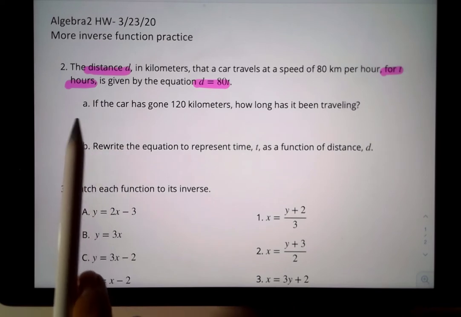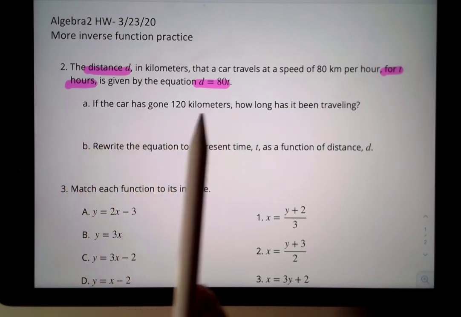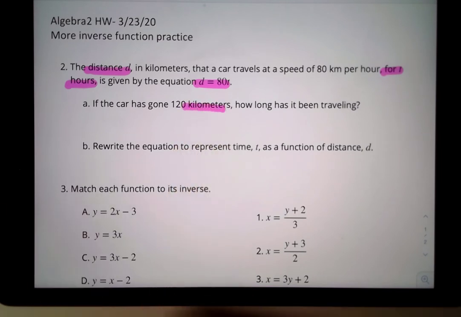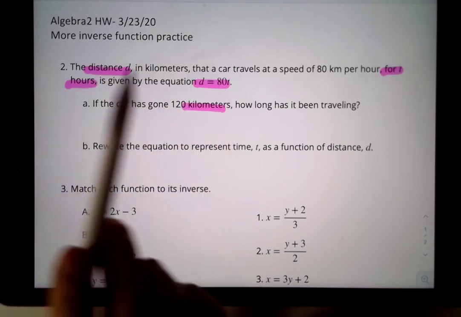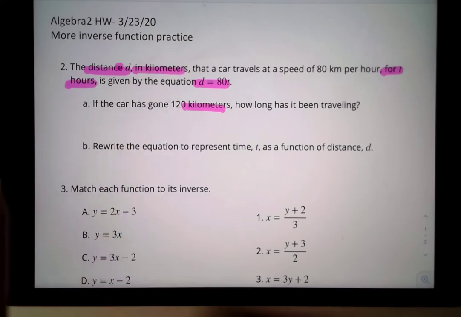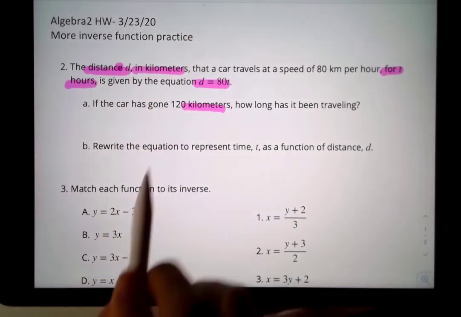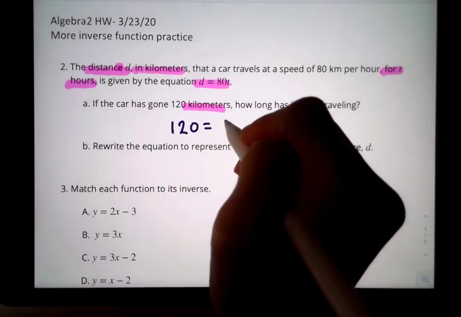So let's try A. If the car has gone 120 kilometers, then at first, look at the unit. That's the kilometer. That's your kind of hint. Which one uses kilometer for the unit? Distance, right? So I would substitute 120 into D. Like this.